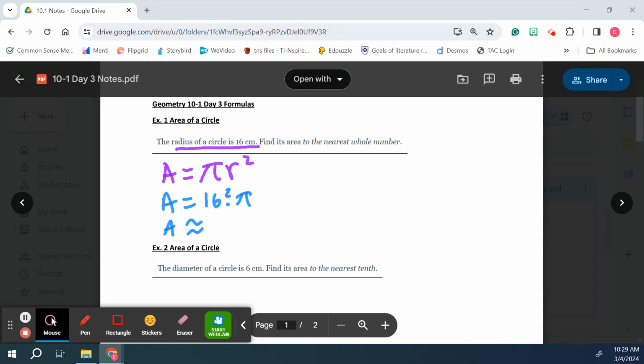Okay, so 804.2. And if you look here, they just wanted the nearest whole number, so that's 804. And we'll just put centimeters squared.